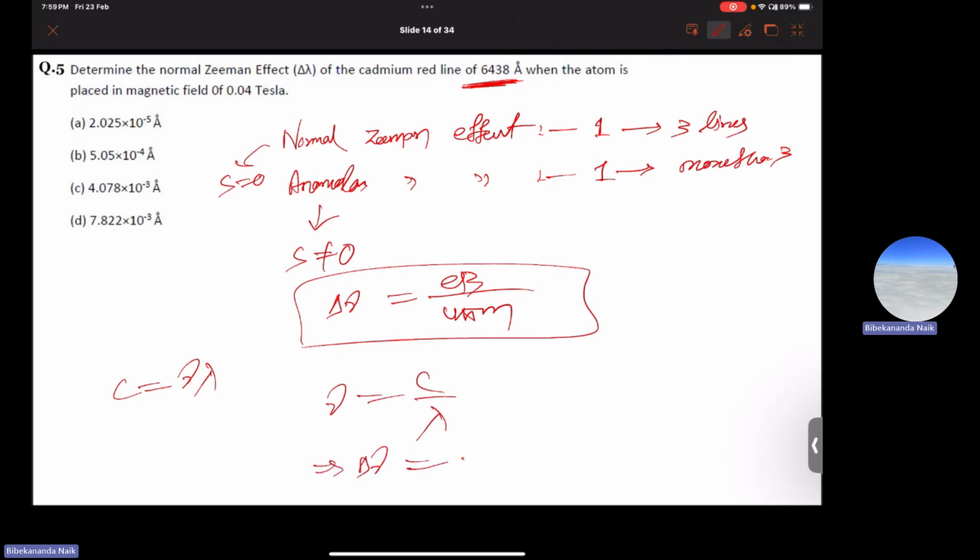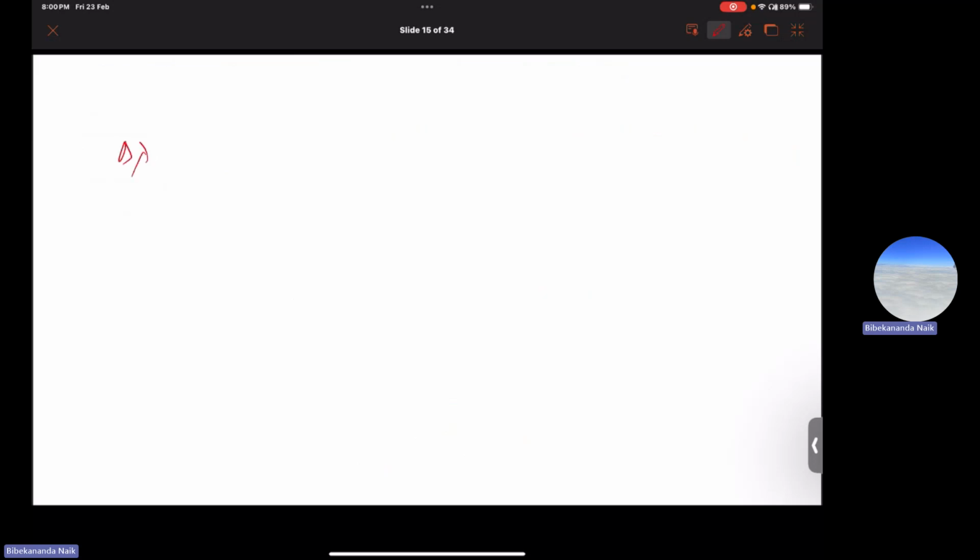Then delta nu will be minus c by lambda square into d lambda. So if we calculate the value of delta lambda, it will be delta nu lambda square divided by c.